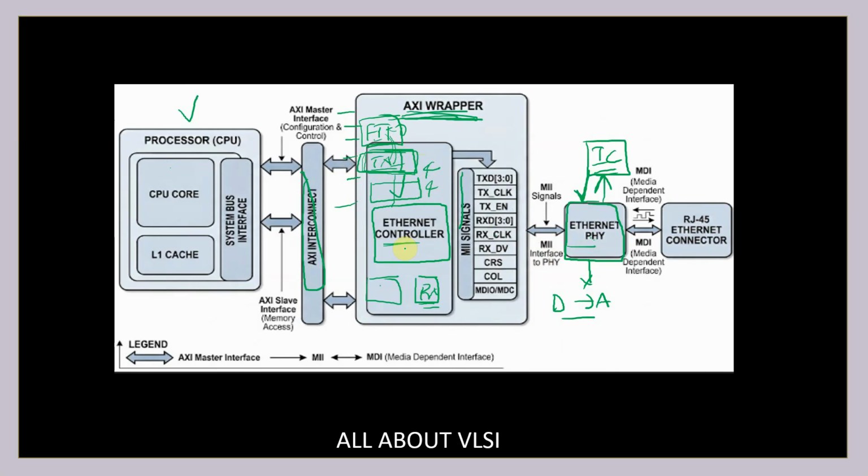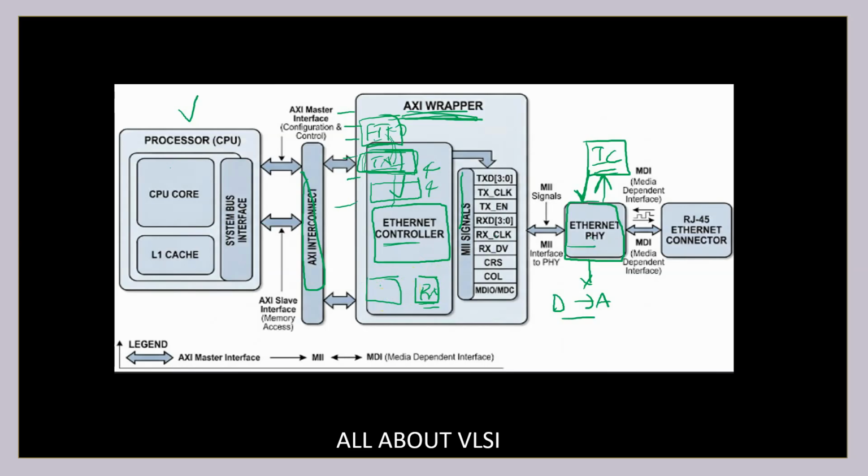On the RX side, the RX MAC controller receives the 4-bit data from the MII interface, goes through all the particular processes, creates an 8-bit frame, and gives it to our processor. This is the overall thing that is going to happen.